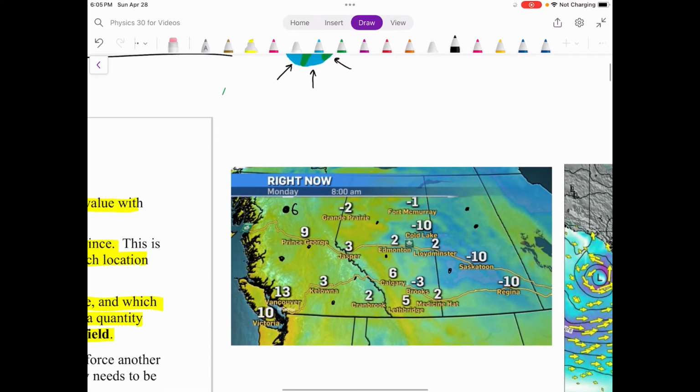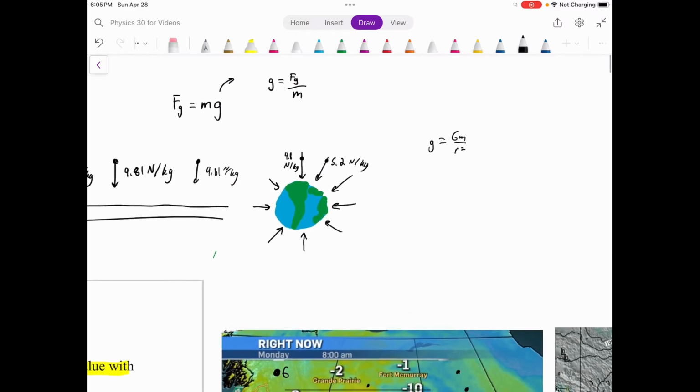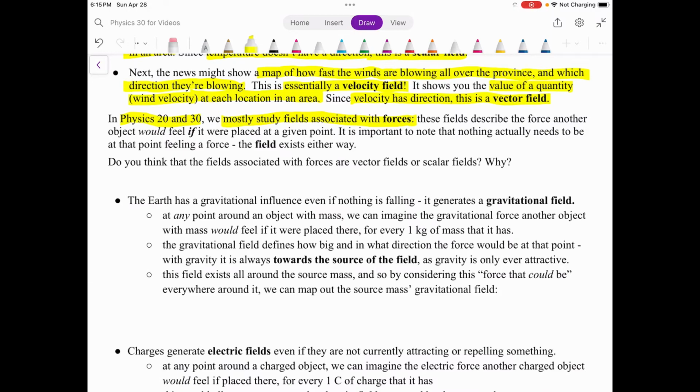Just like this tells you how fast and in which direction the wind would be blowing on you if you were in Kelowna, this tells you how strong the force of gravity you felt towards the Earth would be if you were there, or there, or there, or there, for every kilogram of mass that you have. And so that's what these force fields map out, right?